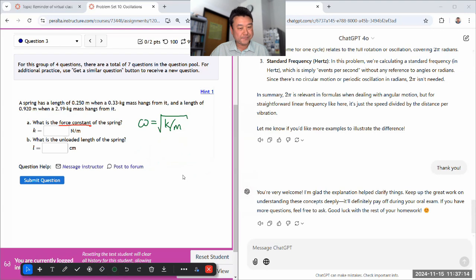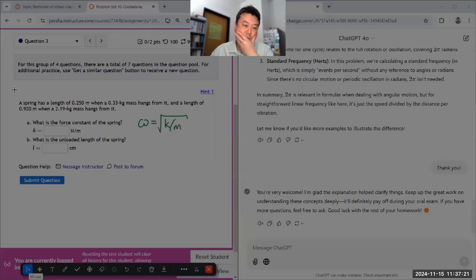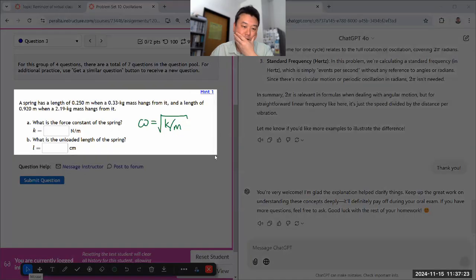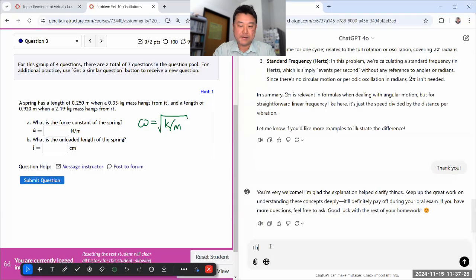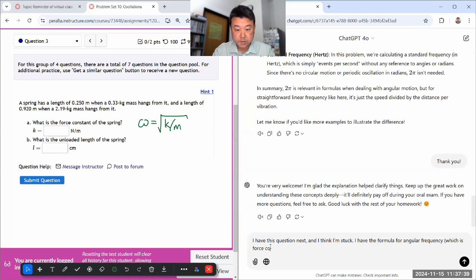And let's ask ChatGPT, where do I go? I think I'm stuck. I have this question next, and I think I'm stuck. I have the formula for angular frequency, which has a force constant k in it, but I don't know where to go from here.